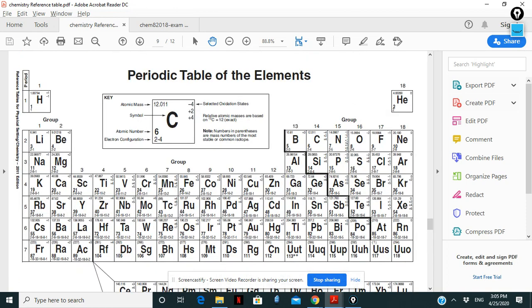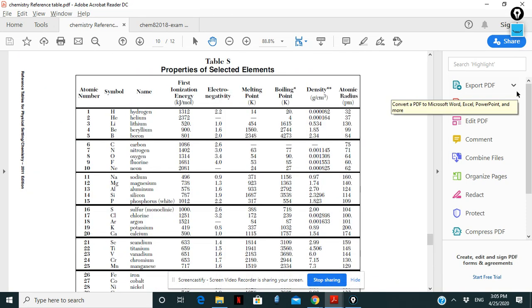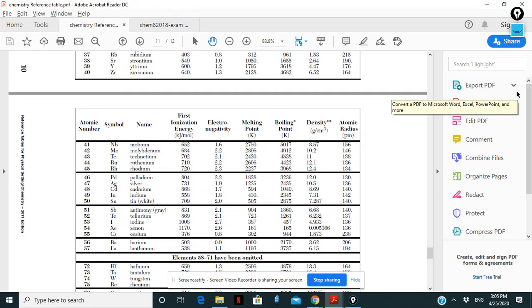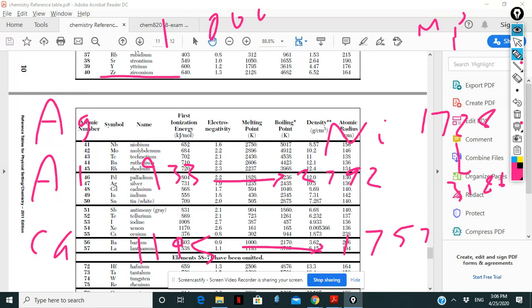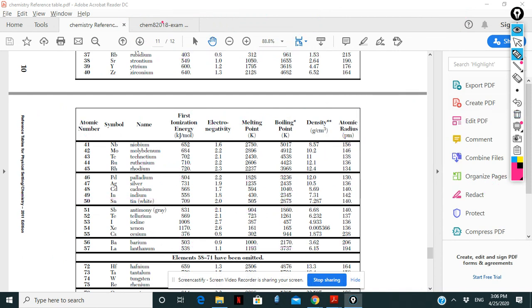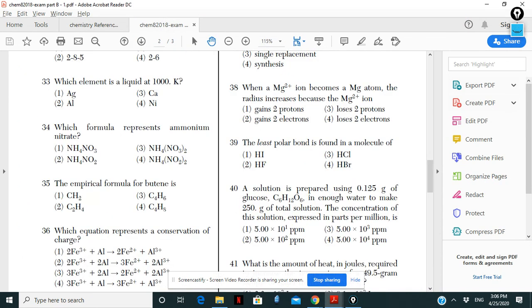Since I'm not memorizing silver, it's element 47, silver, with 1235 and 2435. So the only one that is going to be liquid at 1000 is the aluminum. So the answer is going to be number 2.